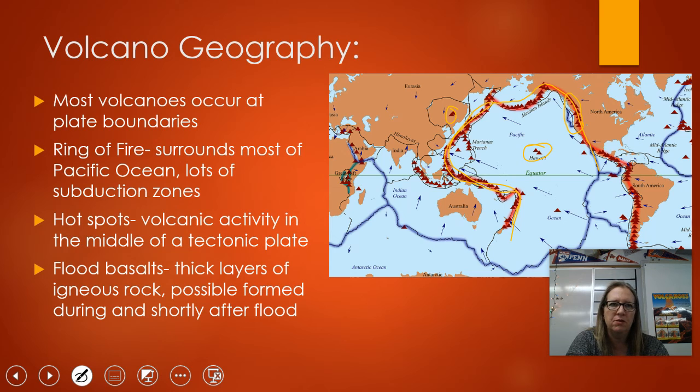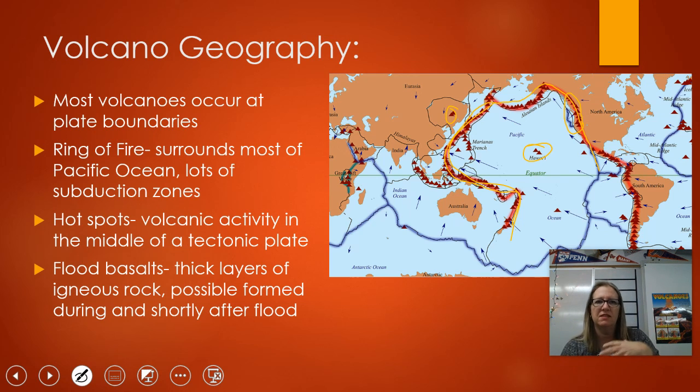The last little bit of volcano geography is this layer of rock known as a flood basalt. And it's very thick layers of igneous rock. A lot of it is the actual basalt rock. The old Earth geologists think that probably formed when the supercontinent Pangaea was breaking apart.